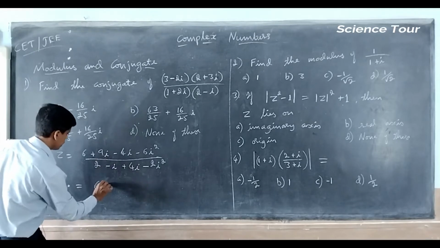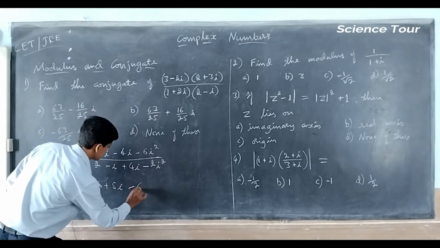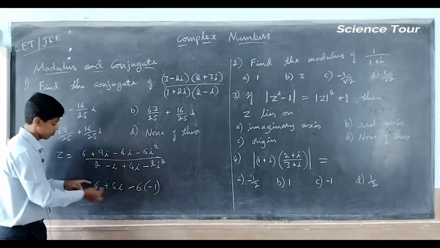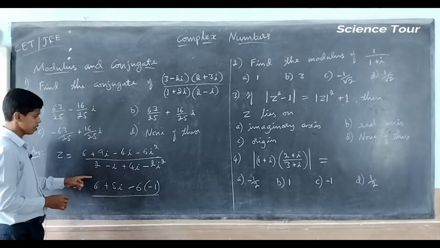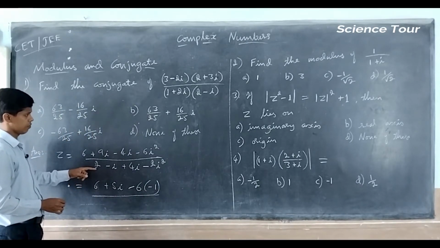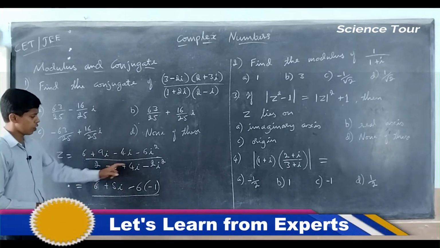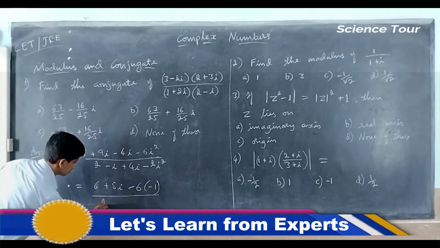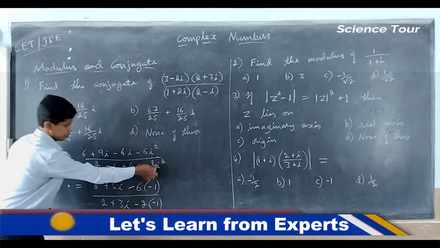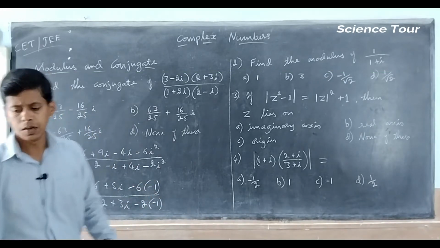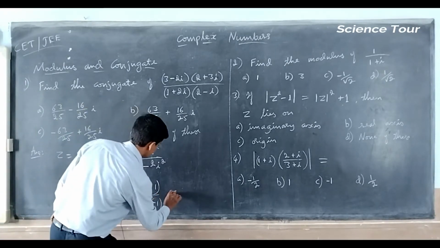So what do you get? 5i, 9 minus 4, right? And this is minus 6 into minus 1, which will be plus 6, and that can be added later here, divided by 2 and 4i minus i, 3i. So this is 2 plus 3i and minus 2 into minus 1, i square value minus 1. That is what we have replaced. Now let me write one more step here itself.